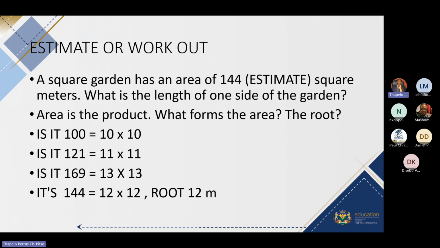Is it 11 by 11? 121? It's nearer. We are getting there. Just estimation. Is it 13 by 13? 13 gives us 169. It's bigger than 144. You can estimate and work it out as a way of strengthening your calculations in terms of math. And of course, our length is 12.